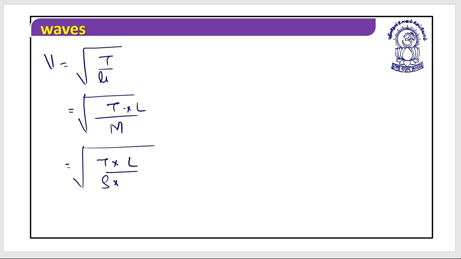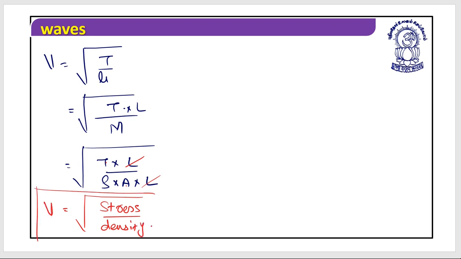Mass is the density into volume. Volume is equals to area into length. So this length L and this length L has gone, and this is equals to tension by area, which is equals to stress divided by density. So this could be written as V is equals to root of stress divided by density.